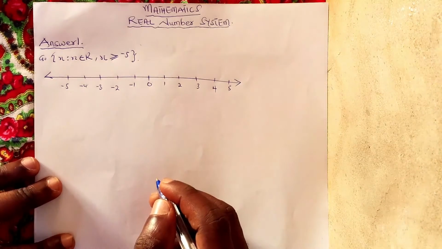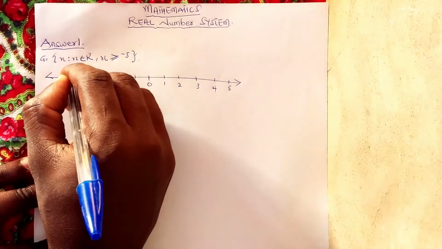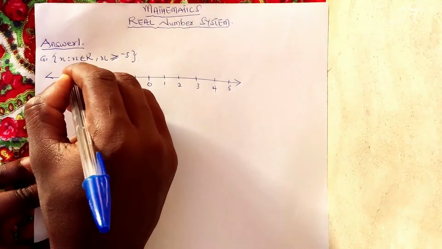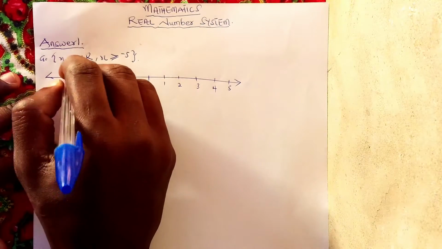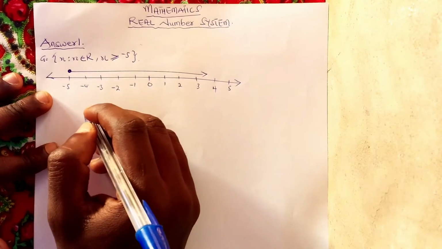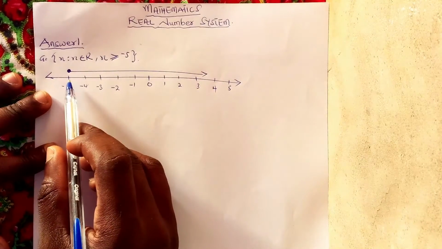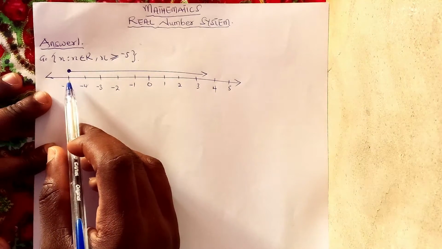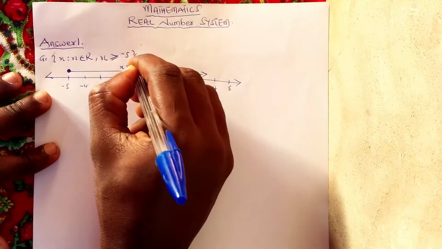With greater than or equal to, the symbol we use is a shaded dot, with the arrow moving this way. This represents that the values that are here are all greater than or equal to minus 5. So we write it on top, X greater than or equal to minus 5.